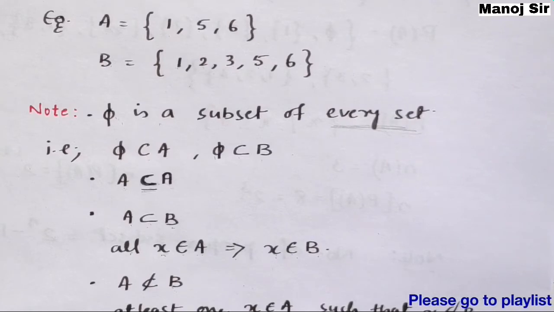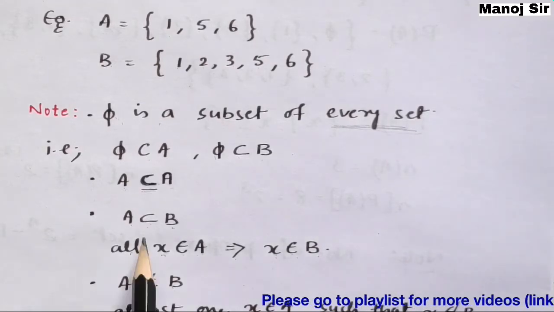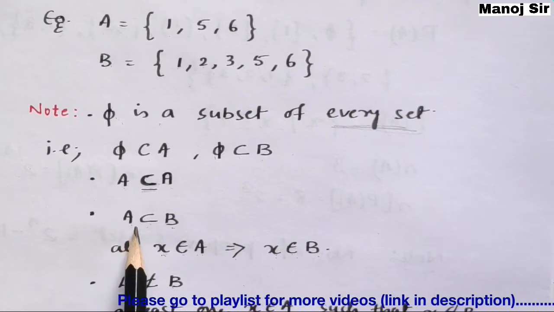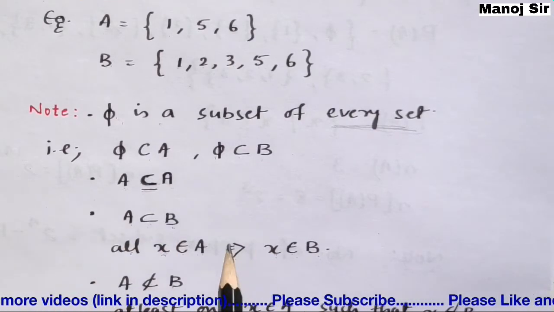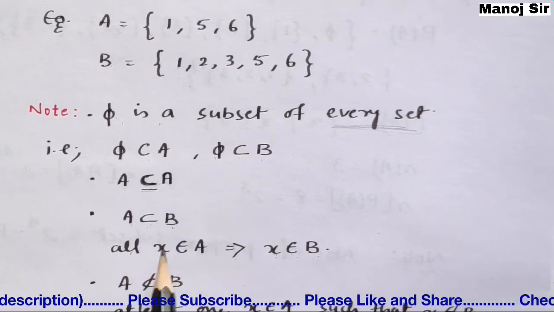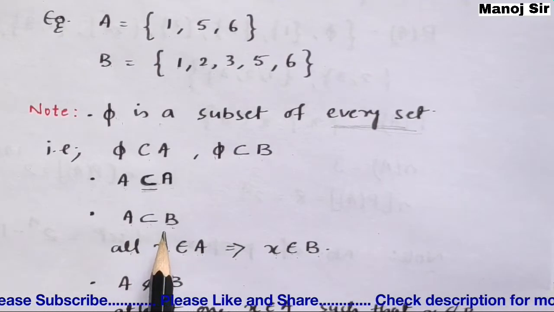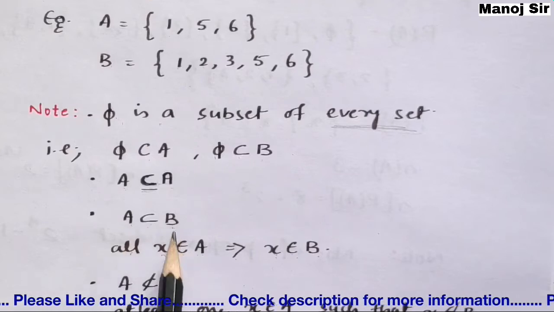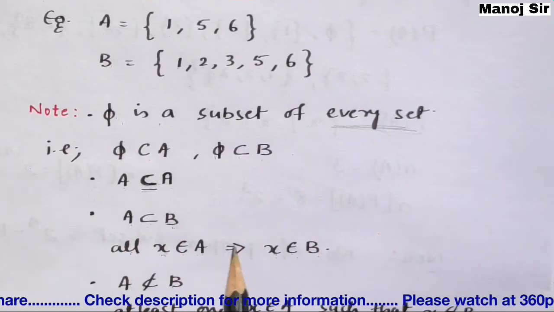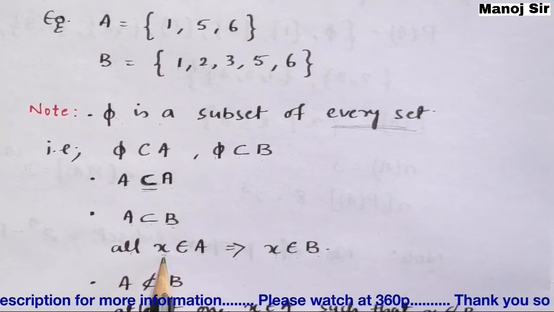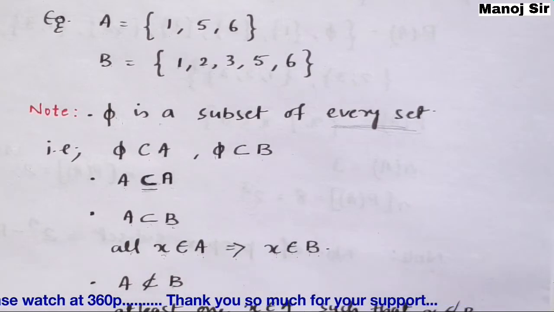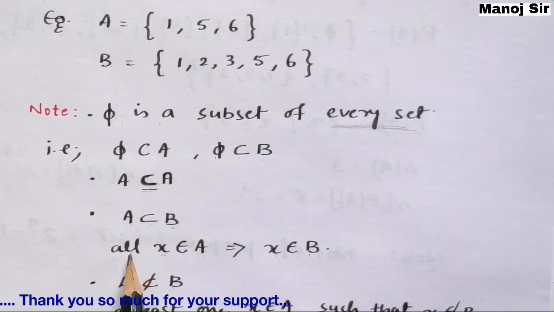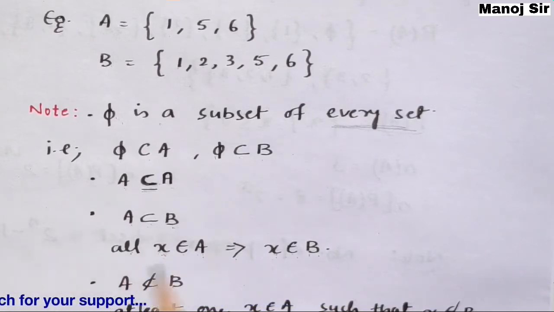And this point is very important. A is a subset of B. How can we say this in algebraic form? If somebody has written that A is a subset of B, then algebraically how can we write it? For all x, x belongs to A implies x belongs to B. What is x? x is an element.